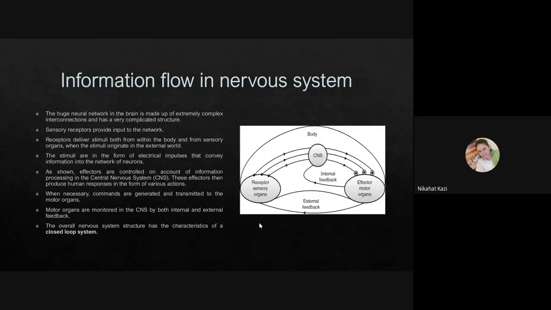This is the typical way in which information flows in the nervous system. You can see in this diagram, there are sensory receptors which perceive something from the environment.